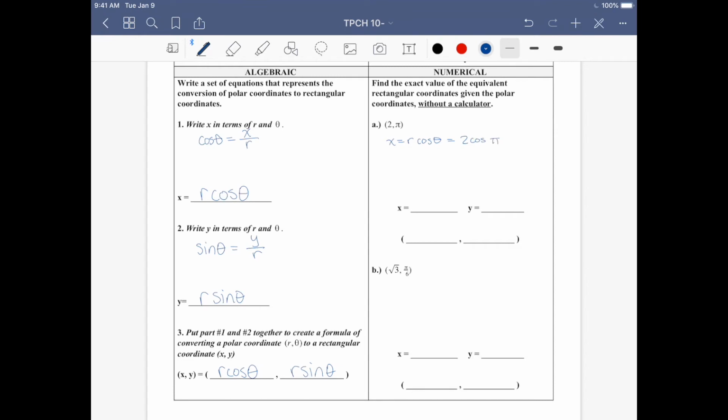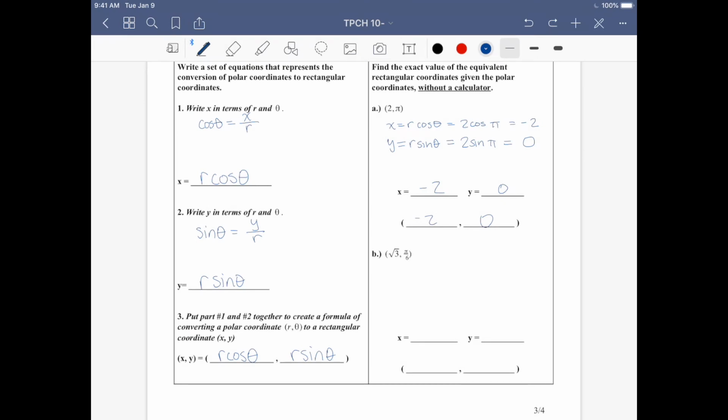Well, if you remember your unit circle, this will be negative 2. So my x coordinate will be negative 2. And y is going to be r sine of theta. 2 sine of pi is actually going to be 0. So having x and y there, my rectangular coordinate is negative 2, 0.